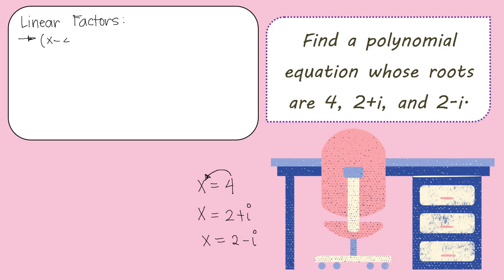x minus 4. Okay, next, for our complex or imaginary zeros, I would like you to consider this as a representation of one number only, and thus if we are going to transpose this, we are supposed to consider this as a whole term.